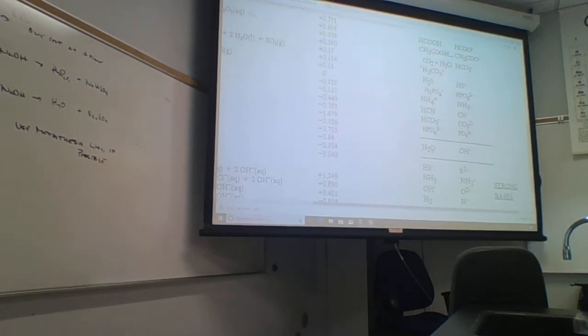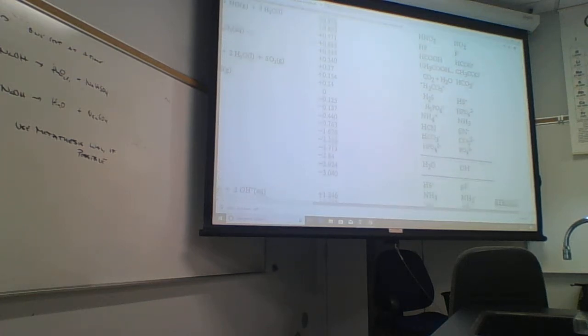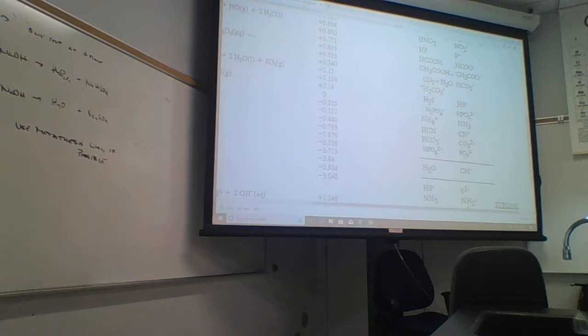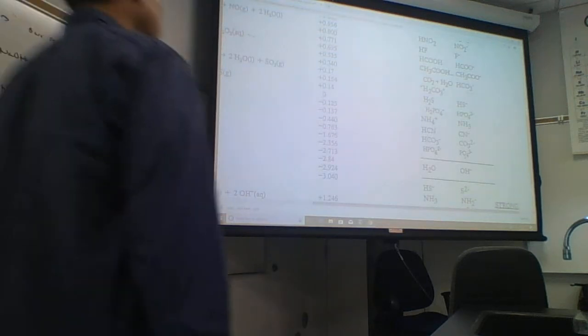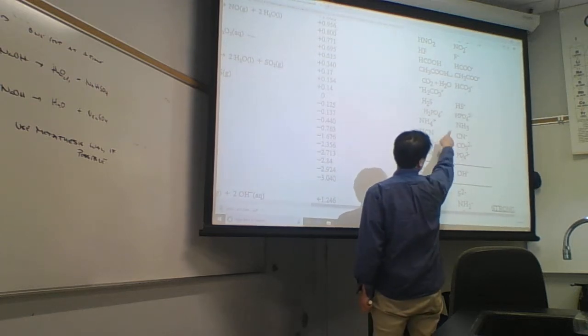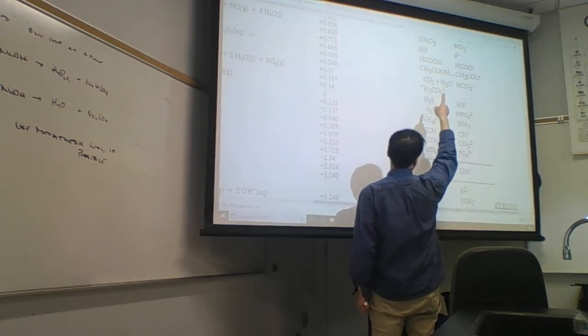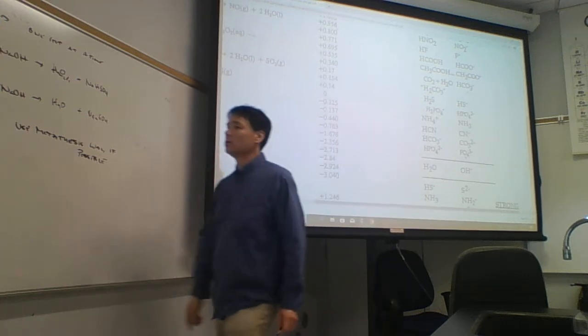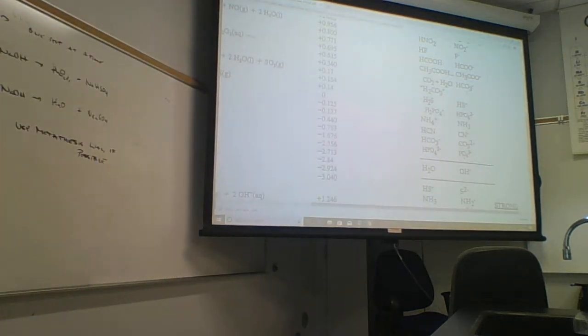Out of those three, which one's the strongest? Hydride's the strongest, and then we'll scroll up. You see the first base we hit is phosphate, which is here. Then bicarbonate's up there, and water's way up there. So the strongest base present is going to be phosphate.